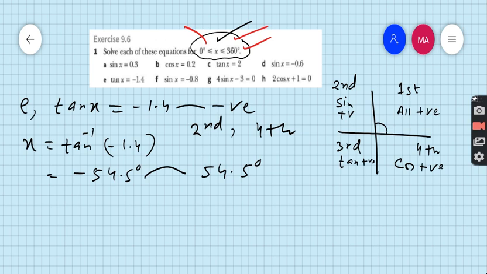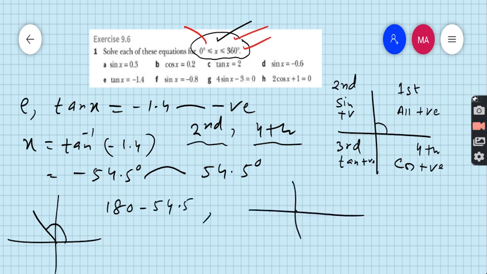Then now we have to find the value in the second and fourth quadrant. So the second quadrant value can be found from 180 minus 54.5, and the fourth quadrant value should be found from 360 minus 54.5. So 180 minus 54.5 is 125.5.